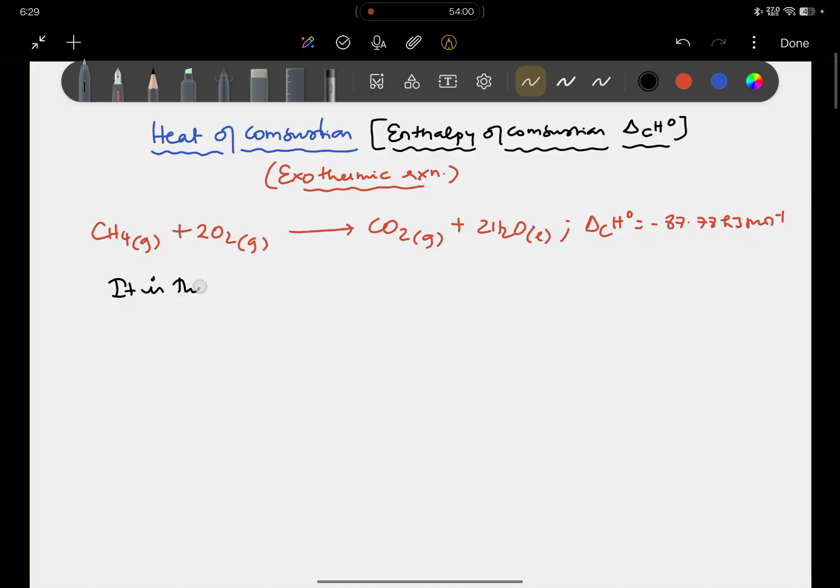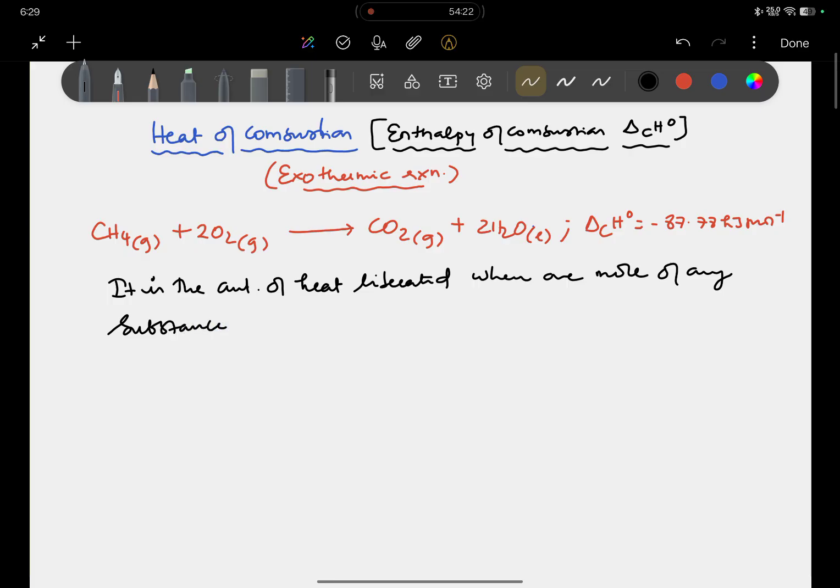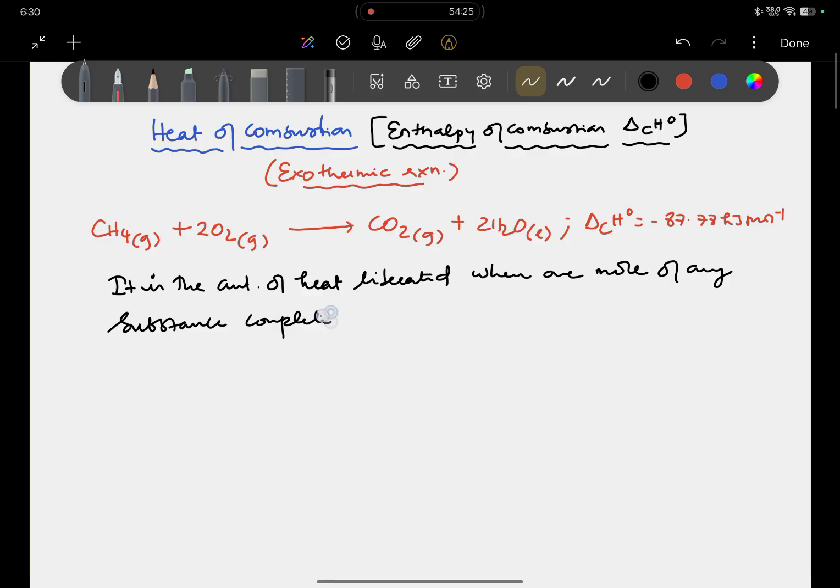It is the amount of heat liberated when 1 mole of any substance completely gets burnt in oxygen, which is called enthalpy of combustion.